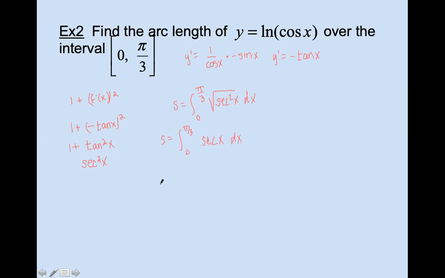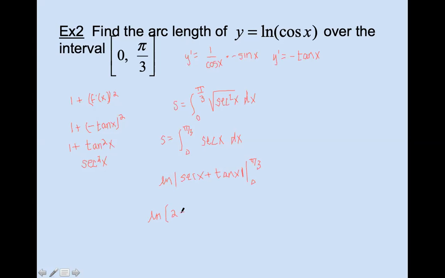ln absolute value secant x plus tangent x. And I'm evaluating that from 0 to pi over 3. All right, so the first time I put in pi over 3, I have the natural log of secant of pi over 3 is 2.